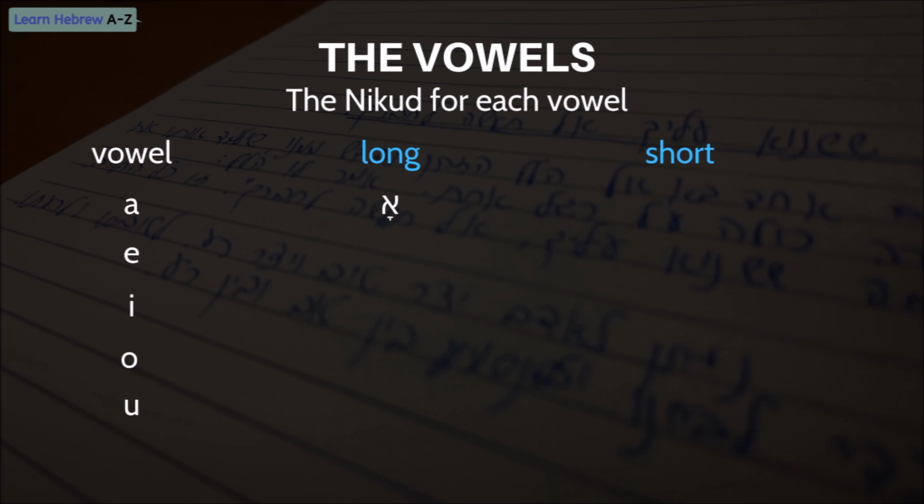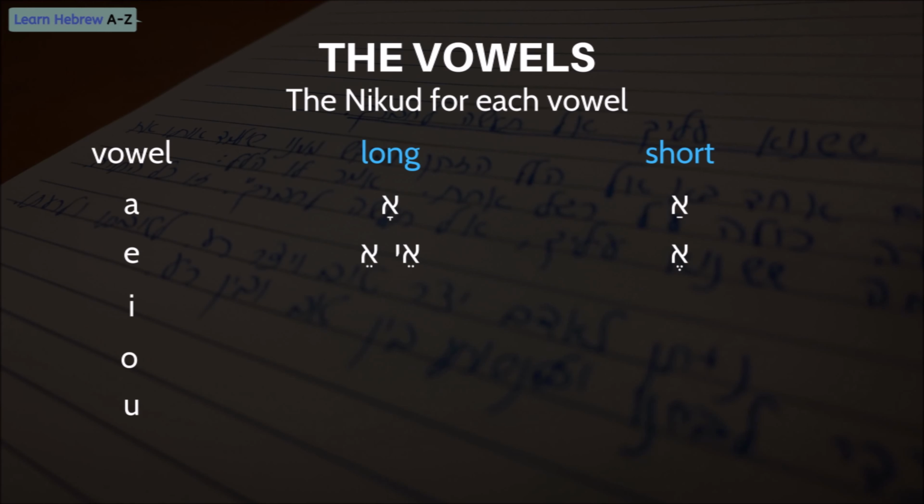The vowel a, represented by kamatz gadol, for a long vowel, and by patach, for a short vowel. The vowel e, represented by tzere and tzere male for long vowel, and by segol for short vowel.